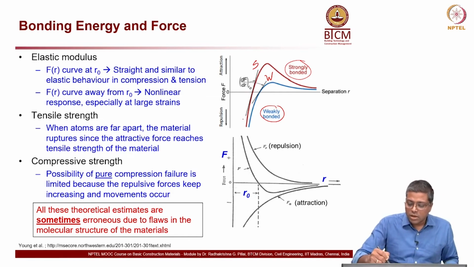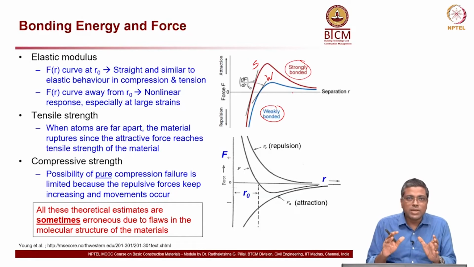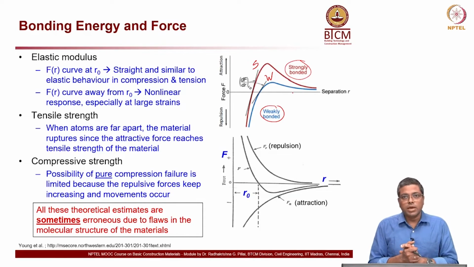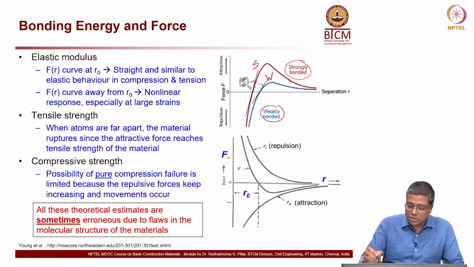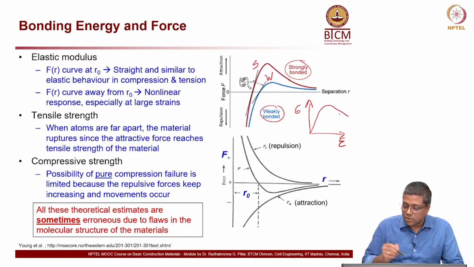This curve is also very similar to a stress-strain behavior. For a typical metal or any material, if I draw strain and stress here, you might expect some material having this kind of behavior. This is the linear region we are talking about.